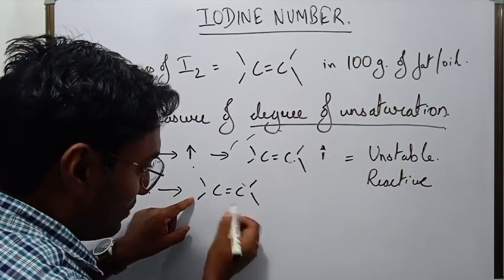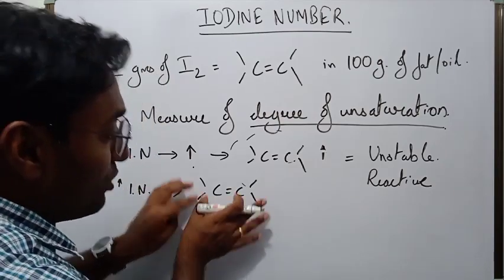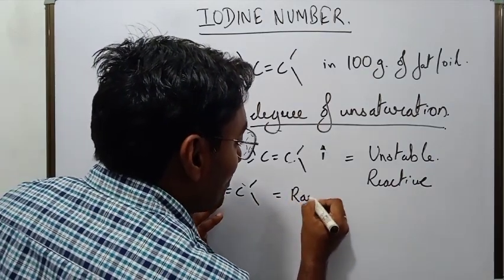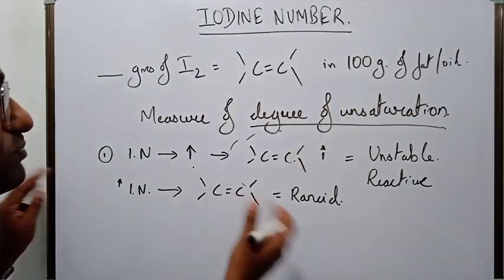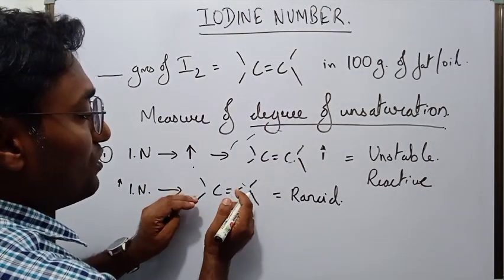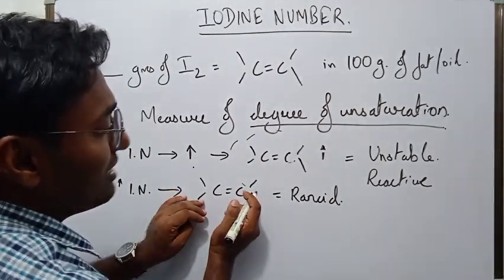Oxygen can get added to it. It is prone to attack by moisture, and the oil is prone to become rancid. Rancidification of oil can take place. The oil may get spoiled very easily. So it actually gives you an estimate of the shelf life of that oil or fat.